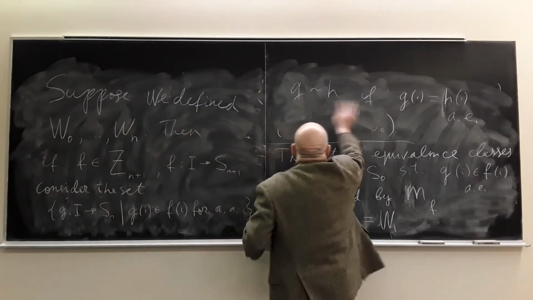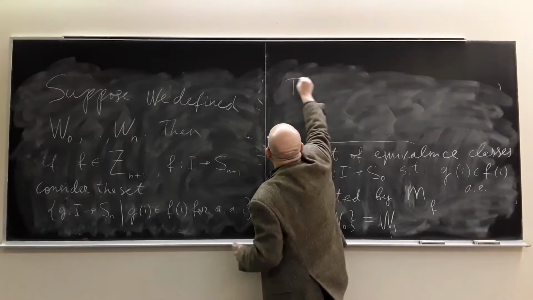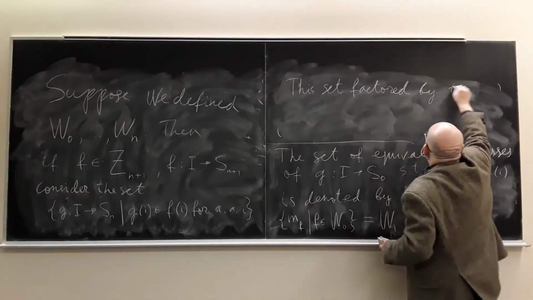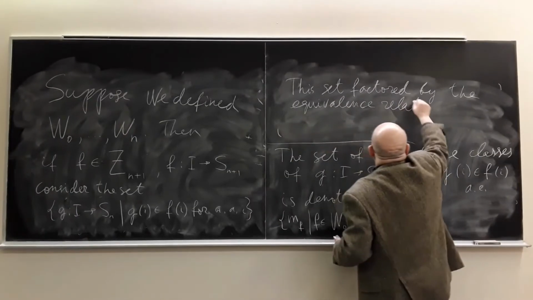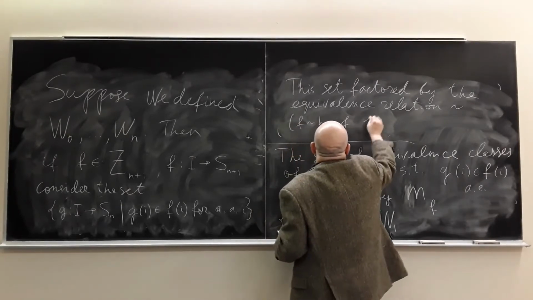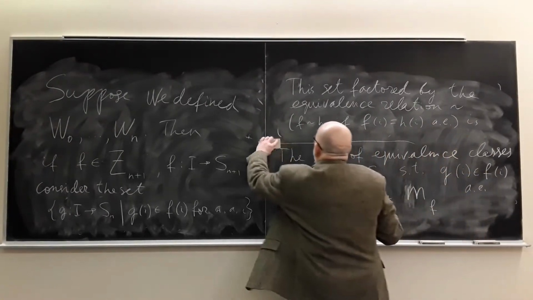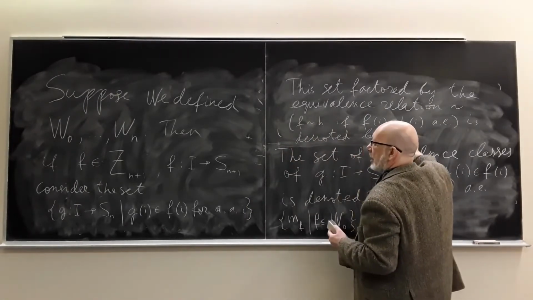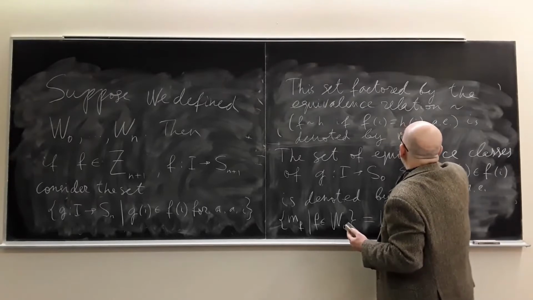This set, factorized by the equivalence relation, G equivalent to H if G of I equals H of I almost everywhere, is denoted by Mf again.